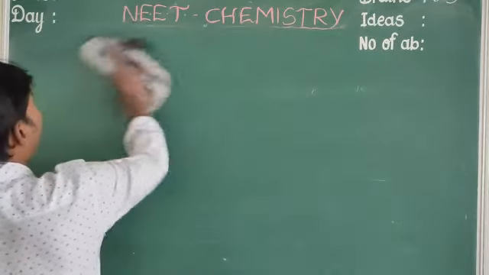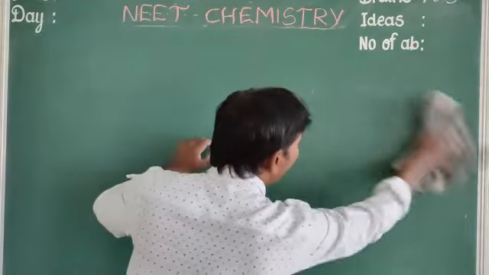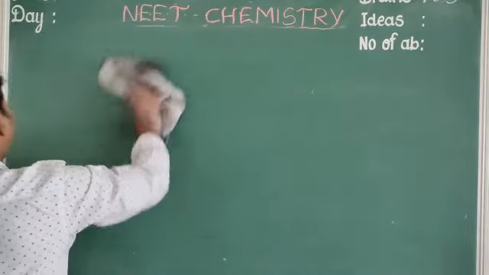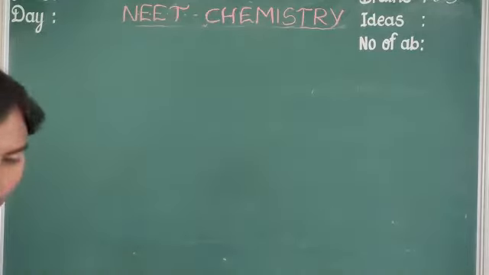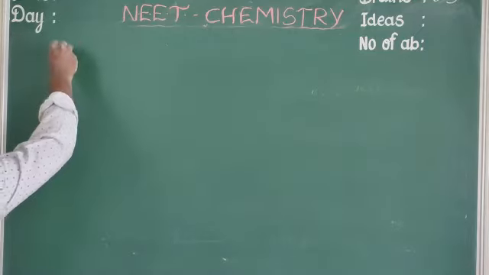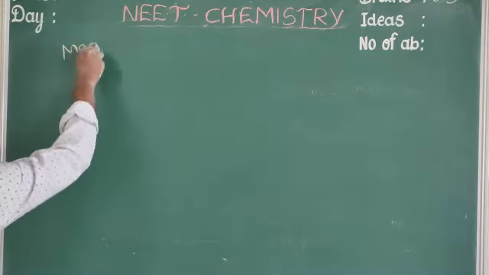So this is what type of colors we have to discuss in coordination chemistry. Next, the last one, magnetic properties.